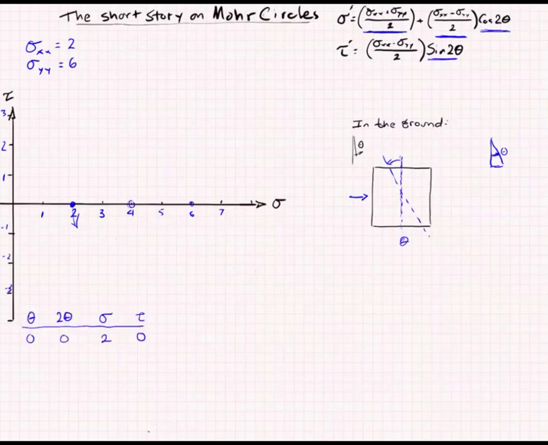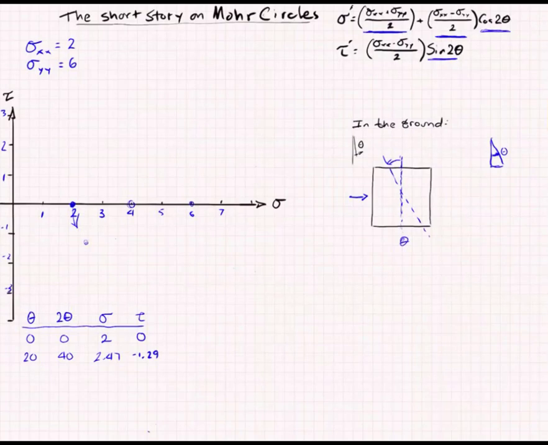So we've already plotted our point at theta equals 0 and sigma equals 2. Let's now move 20 degrees in the ground, which corresponds to 40 degrees on the Mohr circle. And using the equations, we find that sigma equals 2.47 and tau equals minus 1.29. And those will plot on the Mohr circle right about here.